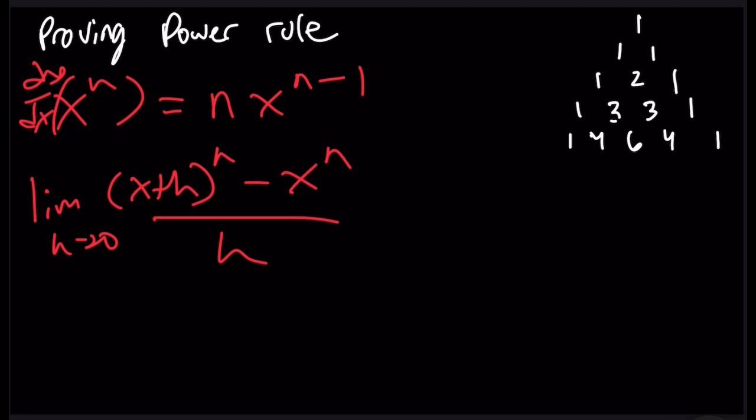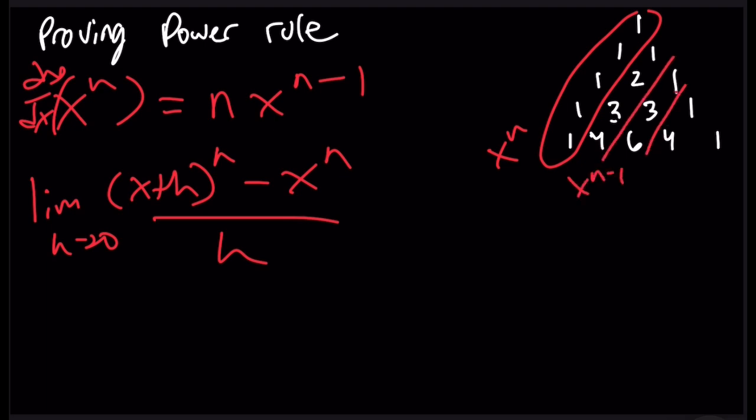And so in Pascal's triangle, we know that these terms are going to be your x to the n terms, right? These are going to be your x to the n minus 1 terms. These your x to the n minus 2. These your x to the n minus 3, and so on. And this triangle will go on forever, obviously.